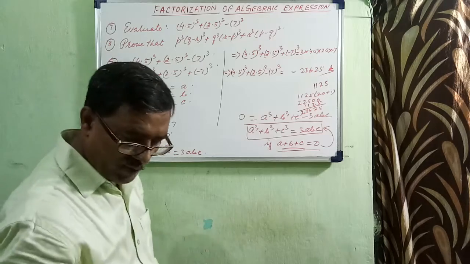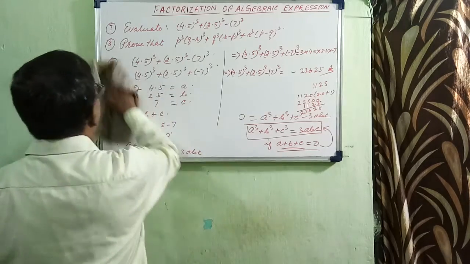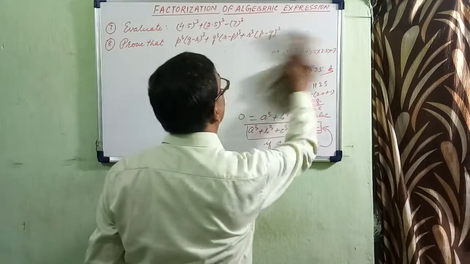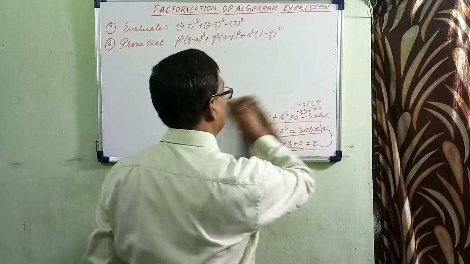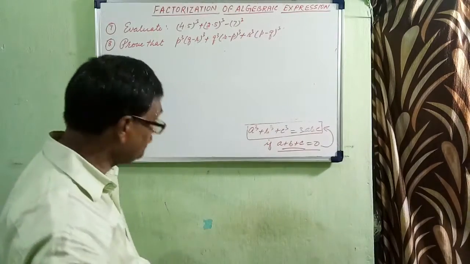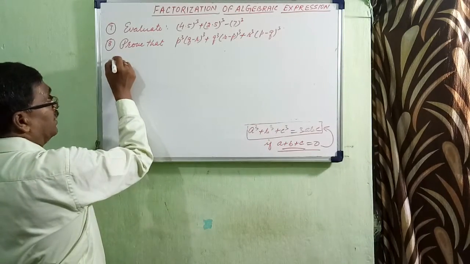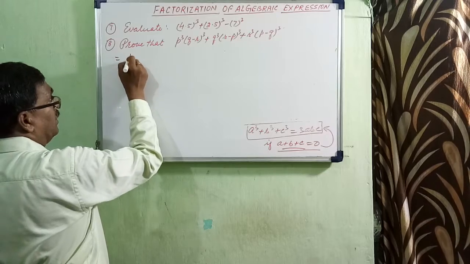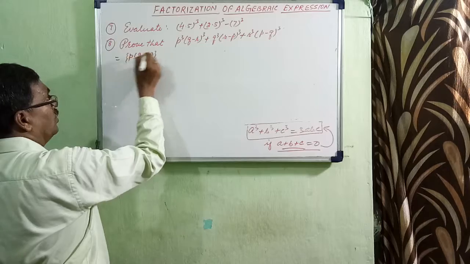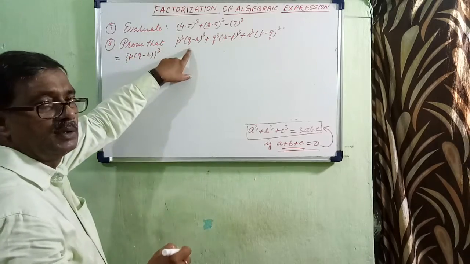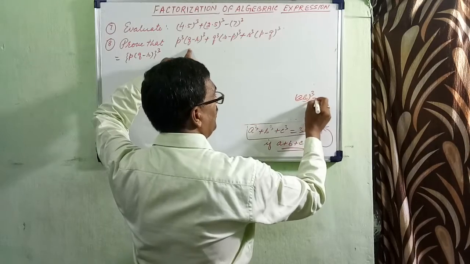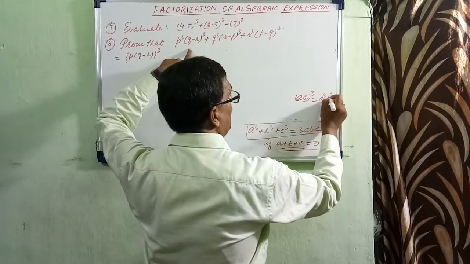Look at here. The same way, we will assume A, B, C and then try to prove that result. Now see, you have P into Q minus R whole cube. Because if you have AB to the power 3, it will be equal to A cube into B cube.